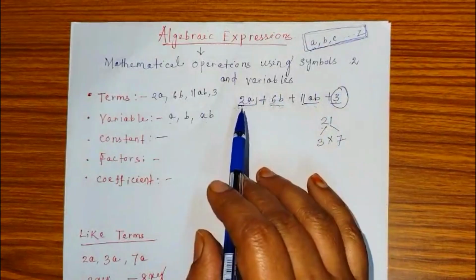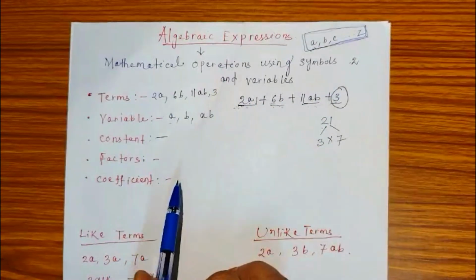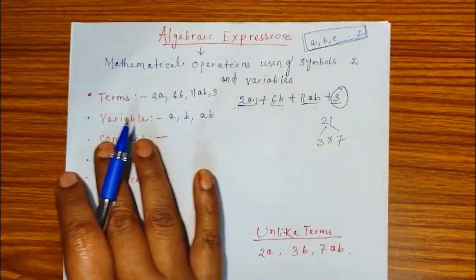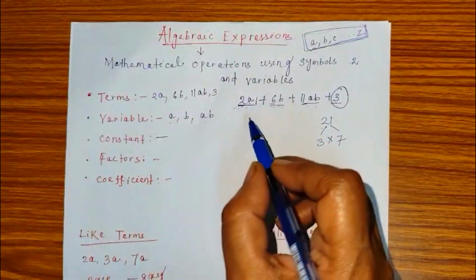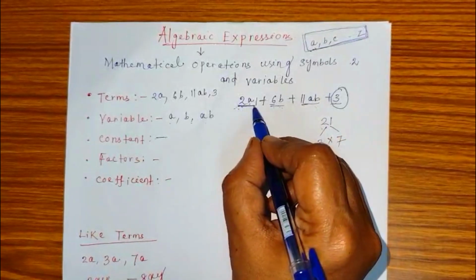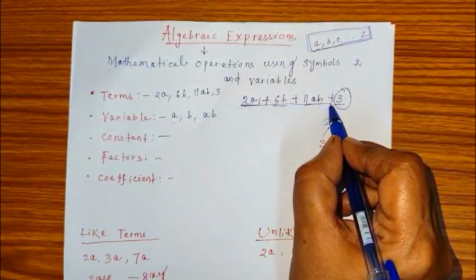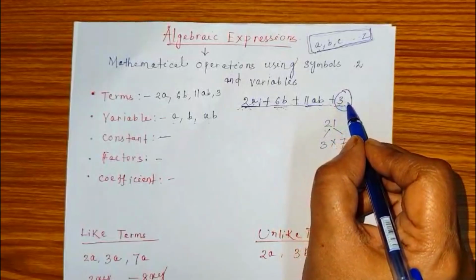So before going to the detail of algebraic expressions, let's first understand each and every term. First one is the terms. Let's see this expression: 2a plus 6b plus 11ab plus 3.